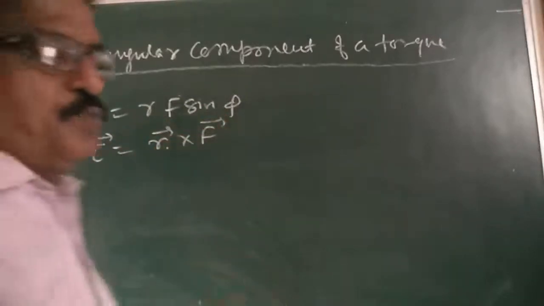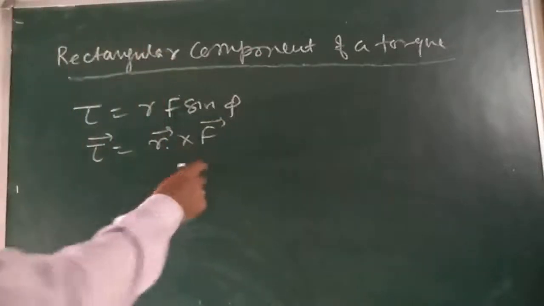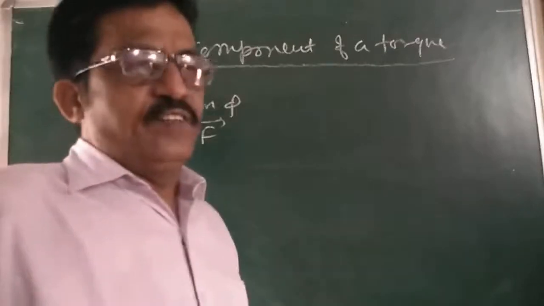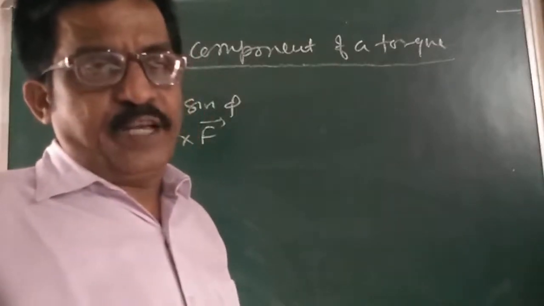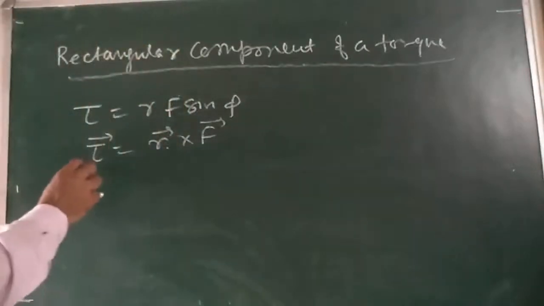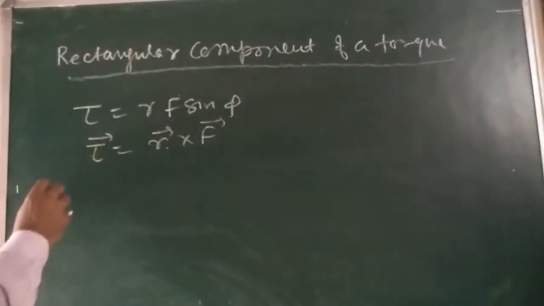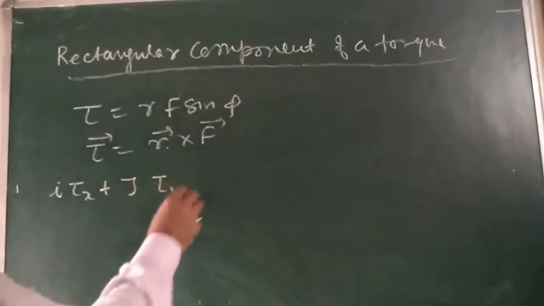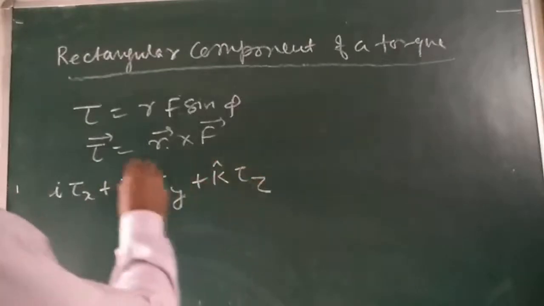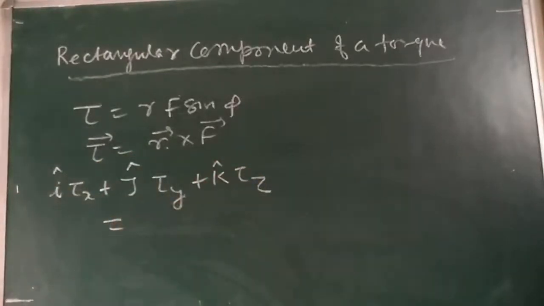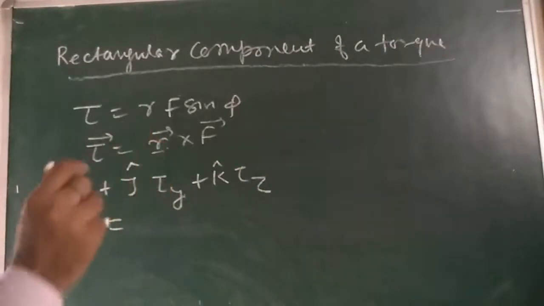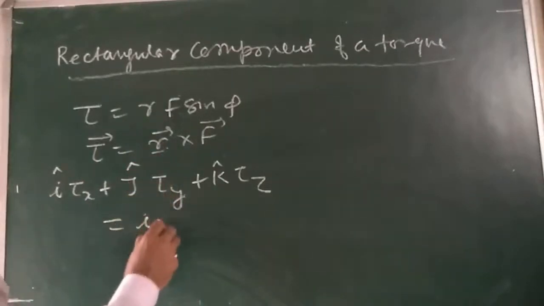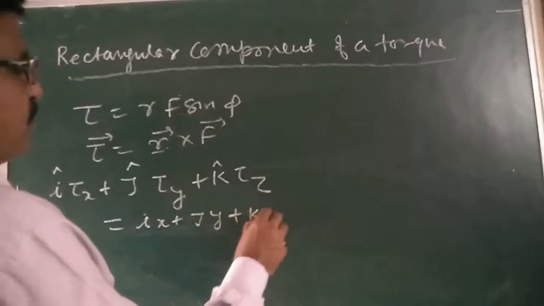We know that A cross B is equal to AB sin theta. So torque is equal to R cross F. Along the x-axis, y-axis and z-axis, the unit vectors are i cap, j cap and k cap respectively. So I can write i torque x plus j torque y plus k torque z. That is equal to R, the position vector, with components x, y and z along the axes: i x plus j y plus k z.